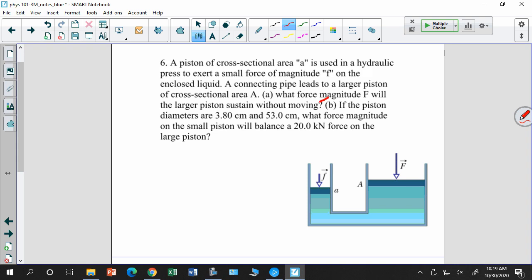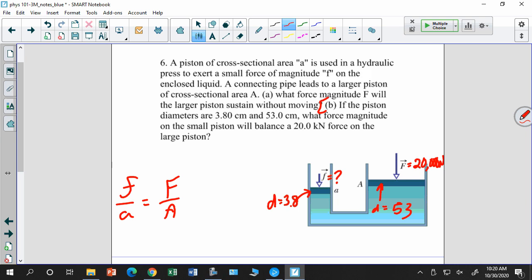Let's look at B. If the piston diameters are 3.8 centimeters and 53 centimeters, so the diameter here is 3.8, the diameter here is 53, and I want to know what force must be given here in order to give me a force here of 20,000 newtons.